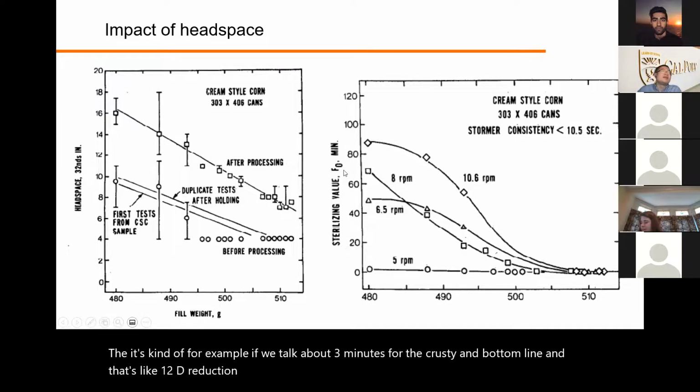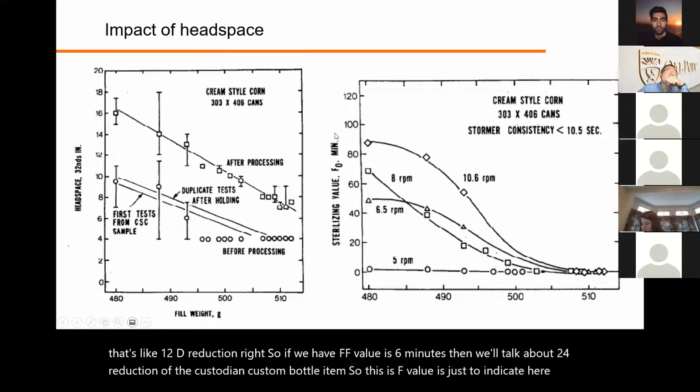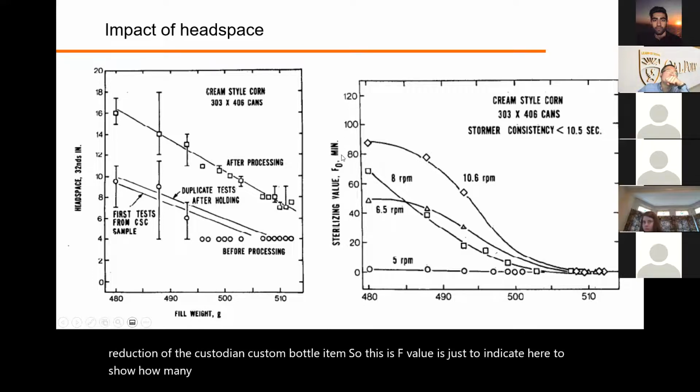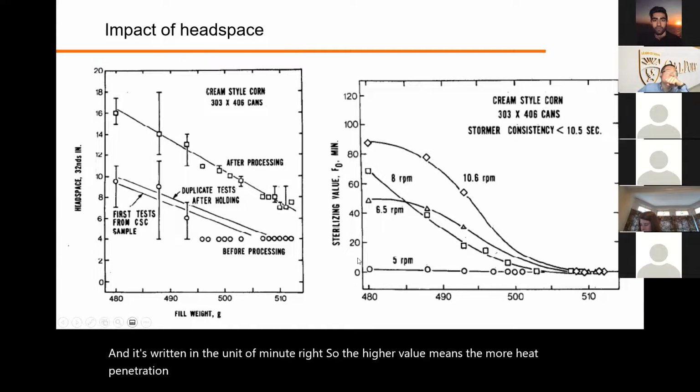So if we have an F value of 6 minutes, then we're talking about 24 reduction of the Clostridium botulinum. So F value is just an indicator to show how many log reductions we have achieved, and it's written in the unit of minutes, right? So the higher value means more heat penetration and more log reductions.